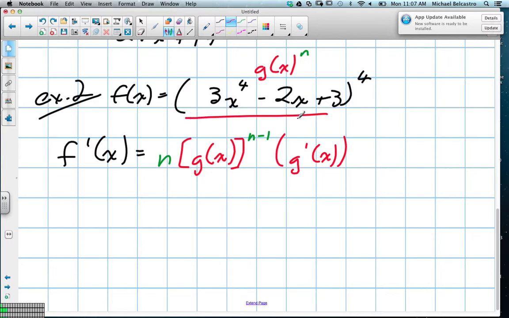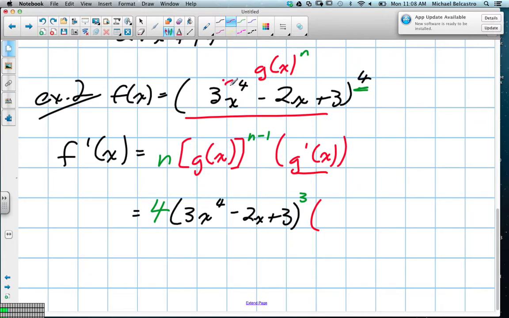So we leave this as is at the start. We go to take this down. Our 4 will come down in front, so we have 4 as our n. In our bracket, 3x to the power 4 minus 2x plus 3. Our exponent then goes down a value to 3. But then we multiply that by the derivative of our g at x. So we go to derive inside the function.